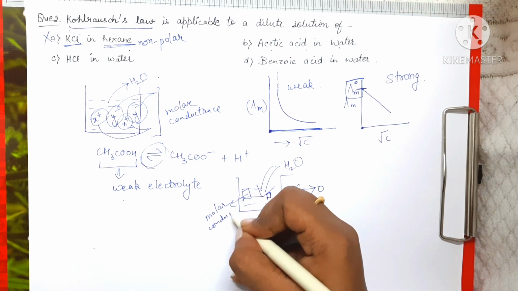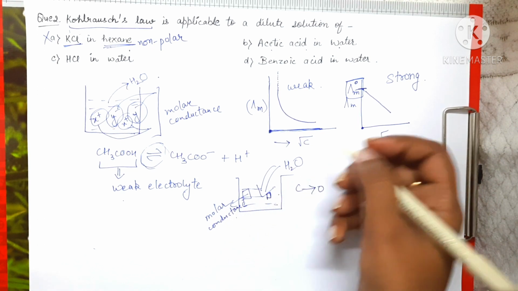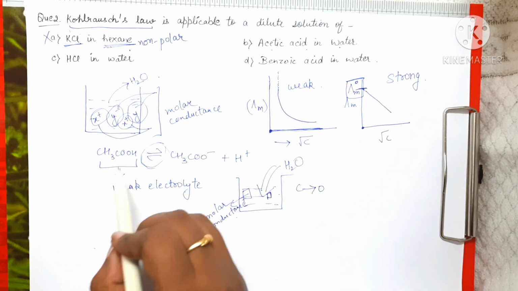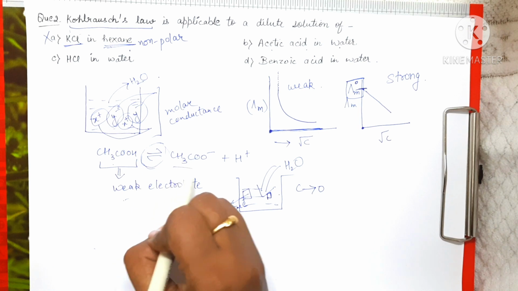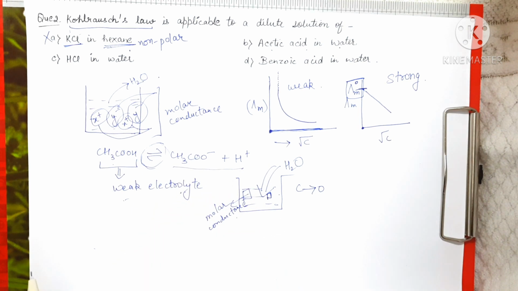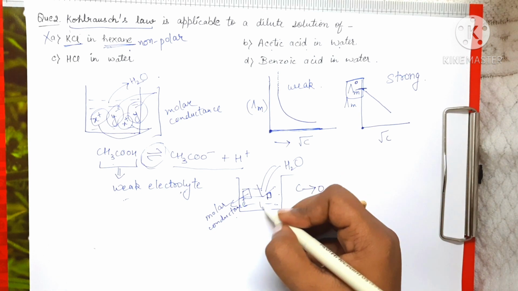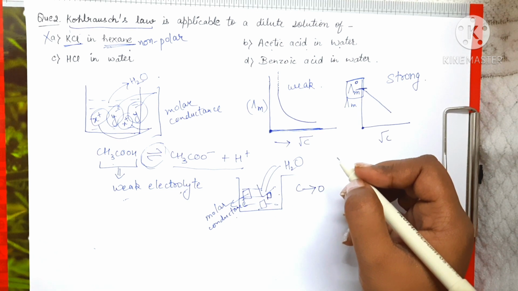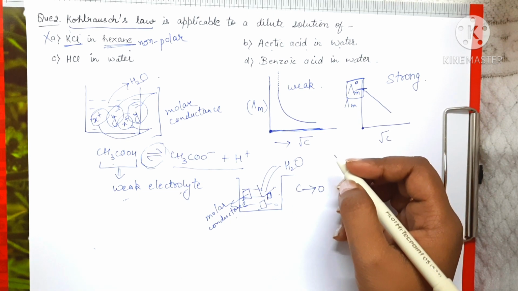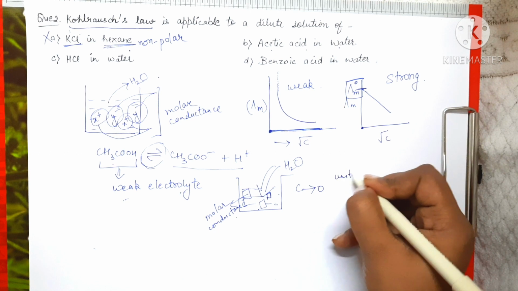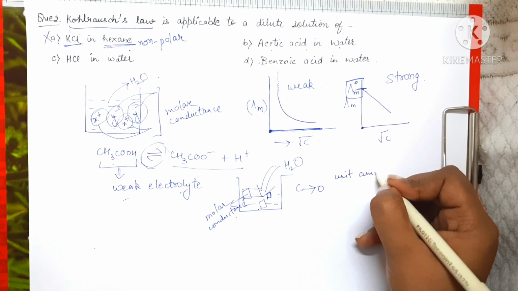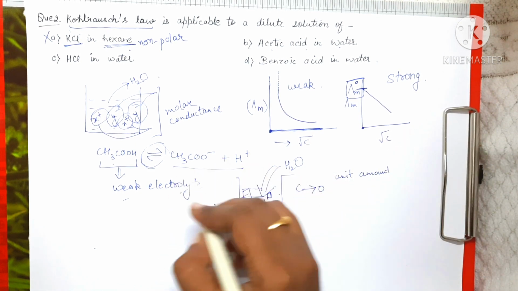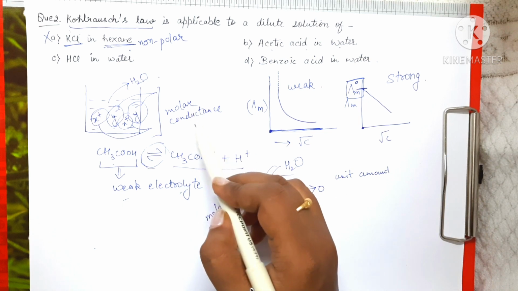The ions which should contribute to the molar conductance become insignificant because these weak electrolytes already dissociate very feebly in water.